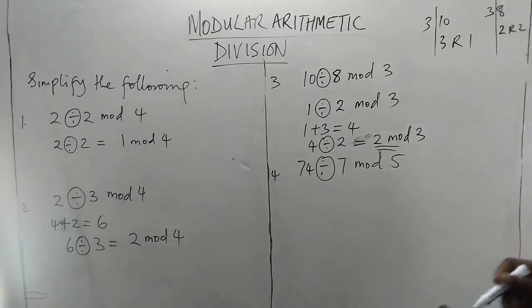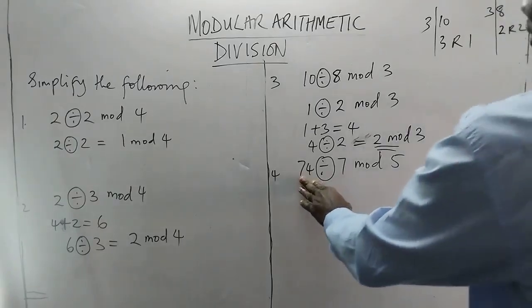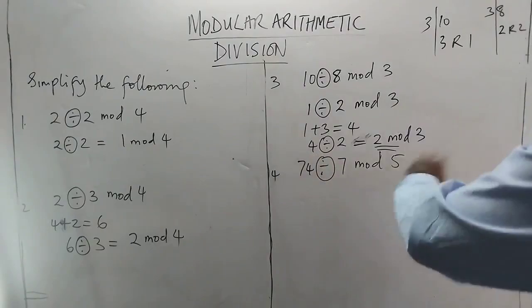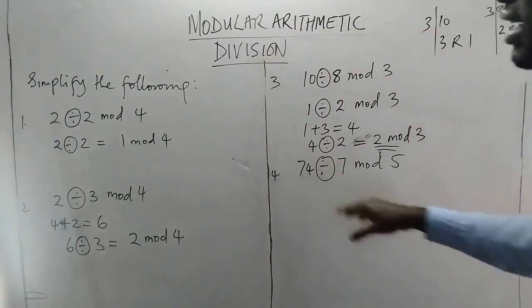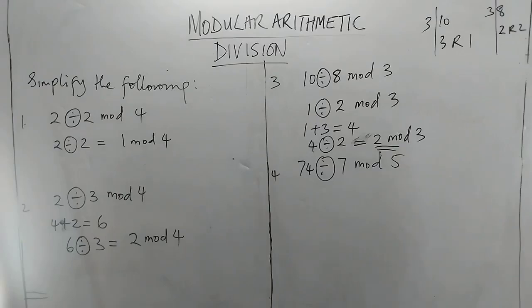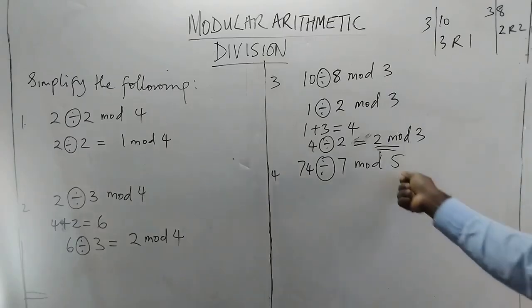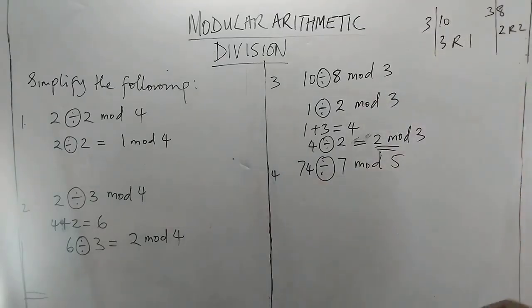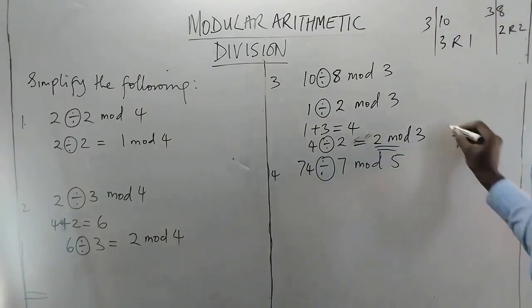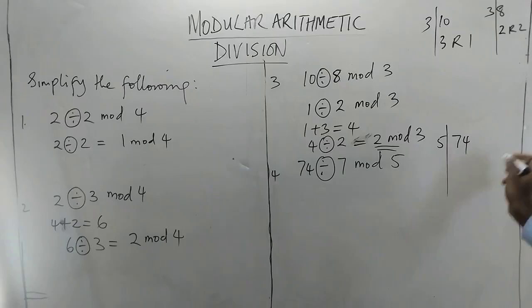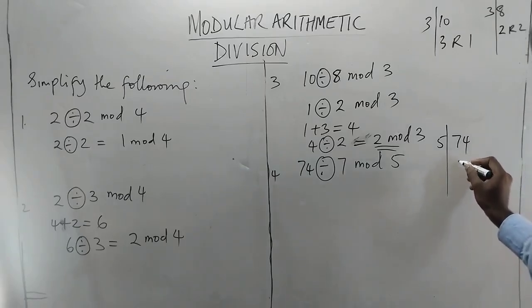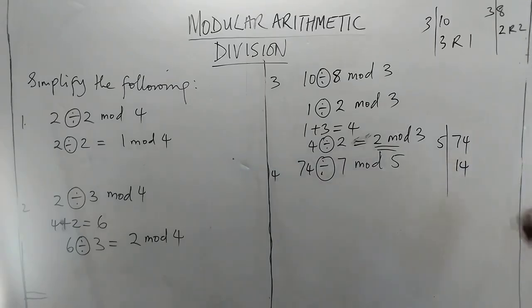Let's still go to the next one. 74 divided by 7 mod 5. Both of them are outside the numbers that are allowed to be in mod 5. And because of that, reduce each and every one of them to the one that is allowable in mod 5. 74 divided by 5 will give you 14 remainder 4.